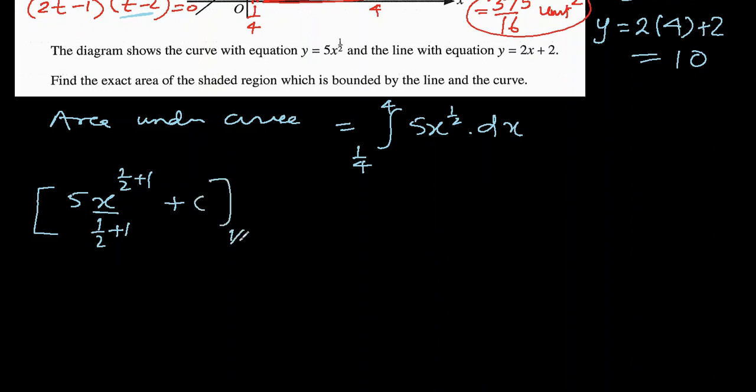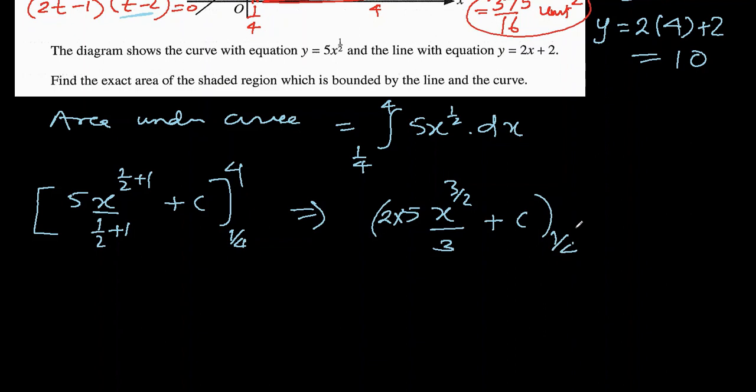And 1/4 to the power 4. So it comes out to be 5x to the power 3 over 2, plus c, 1/4 till 4th. And now let's substitute numbers one by one. 2 times 5 becomes 10.